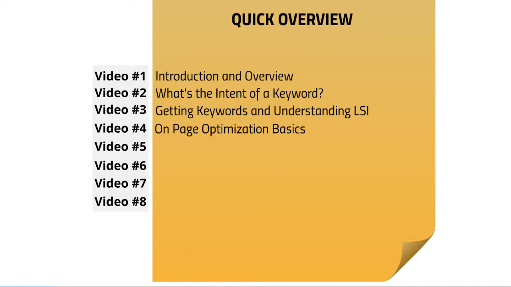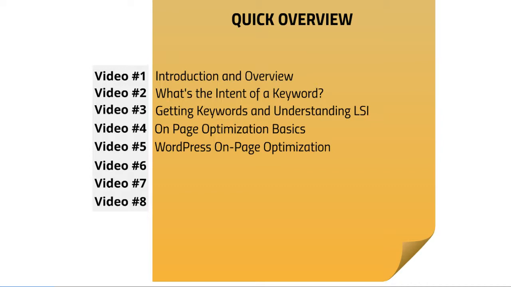Unfortunately, a lot of people miss out on optimization of their website itself, such as how to make your website search engine friendly so that when the search engine comes to your website, it knows exactly what you are talking about. And video number 5, we're going to talk about WordPress on-page optimization.